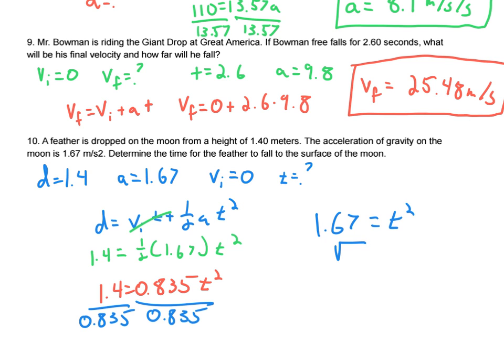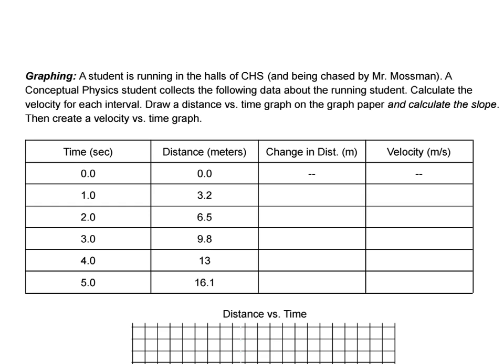I'm just going to keep it in my calculator and take the square root. So square root of that answer, I get 1.29 seconds. So yeah, things definitely fall slower on the moon.